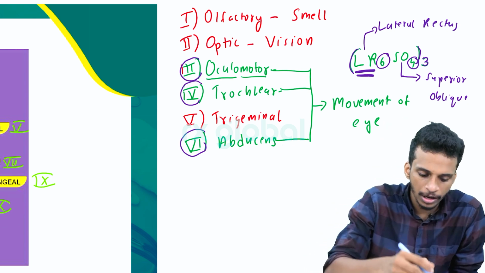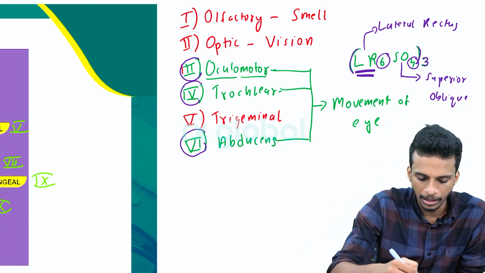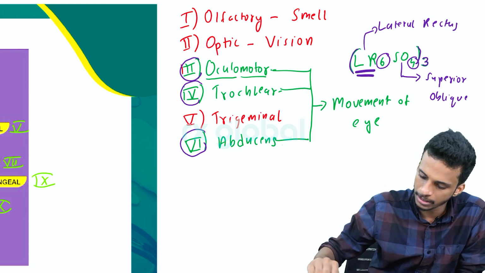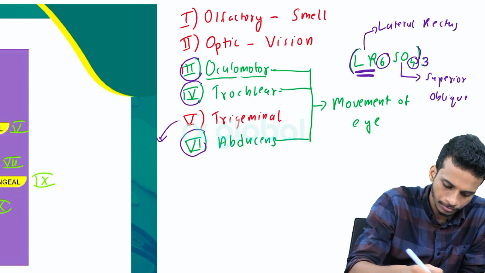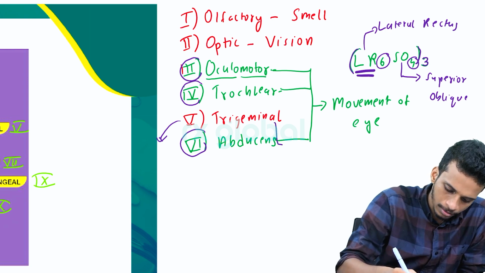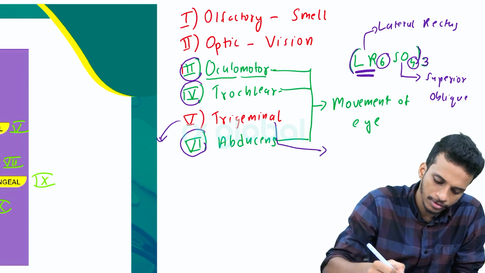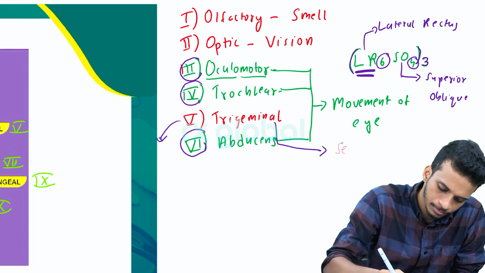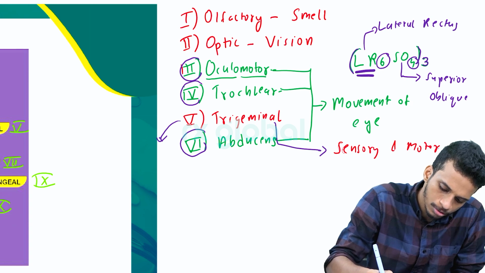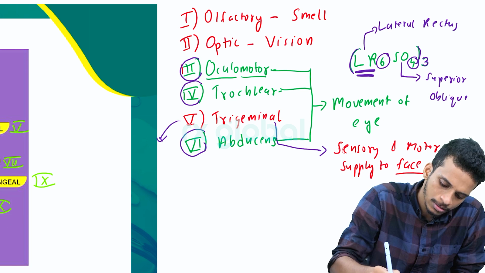So we have discussed the function of olfactory, optic, oculomotor, trochlear, and abducens. Now trigeminal is remaining. The function of trigeminal is the sensory and motor supply to the face.